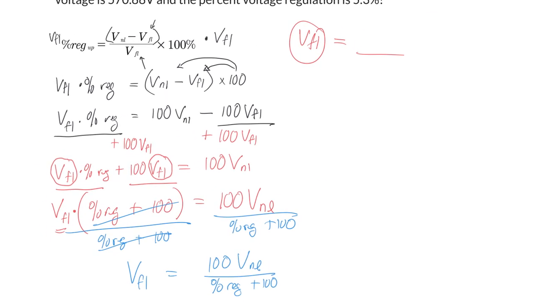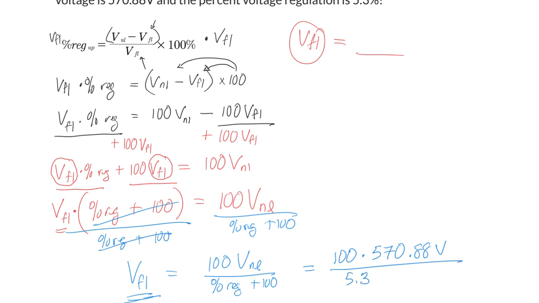It says, what is the full load voltage? That's what I solved for. If the no-load voltage is 570.88 volts, I have 100 times 570.88 volts divided by the percent reg, which is 5.3, plus 100.